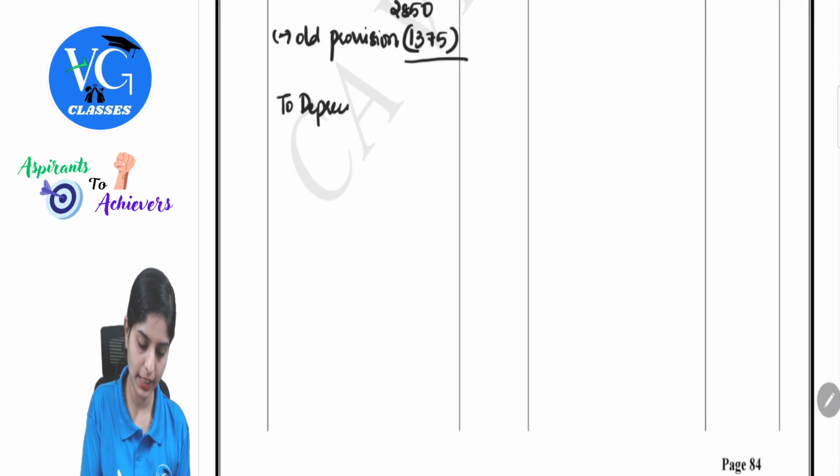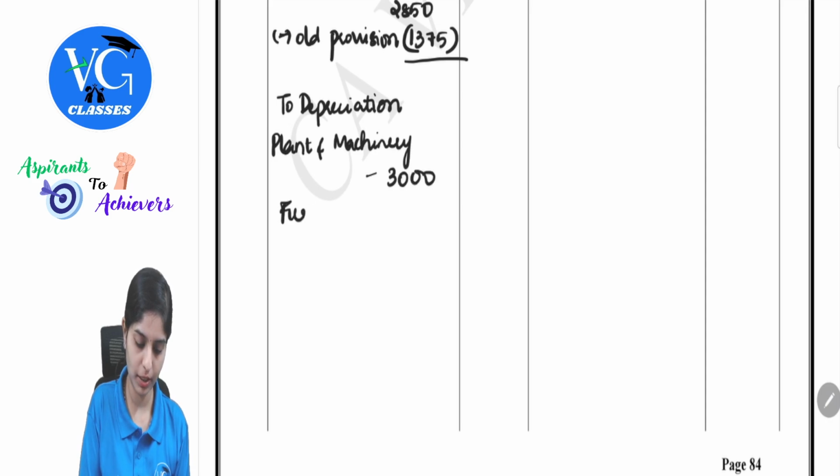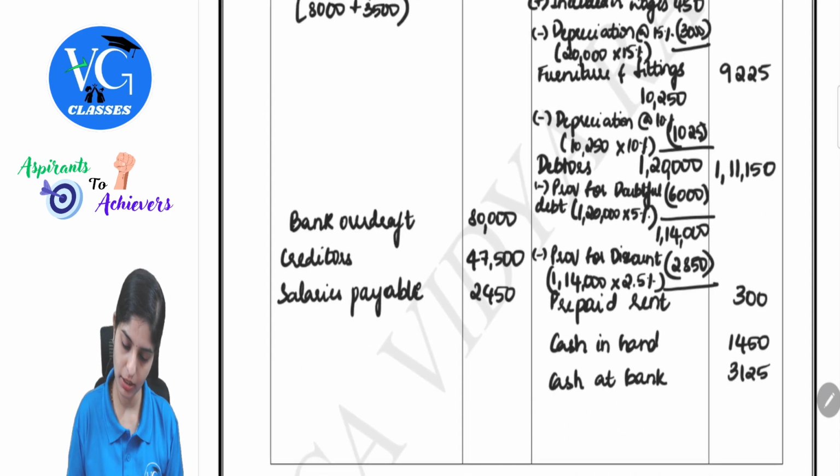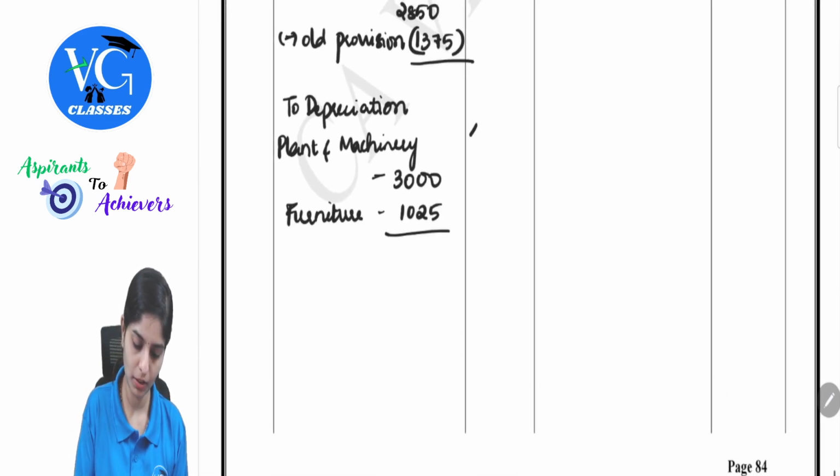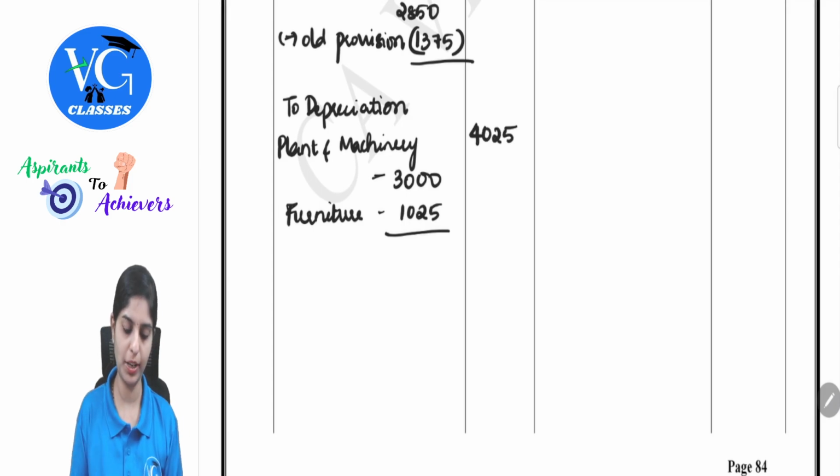So depreciation, plant and machinery, it was 3,000. On furniture, 1025. So this will be 4025. Is this clear, guys? Yes.